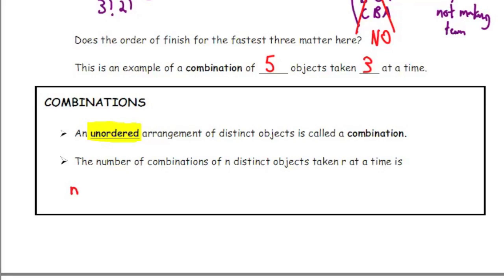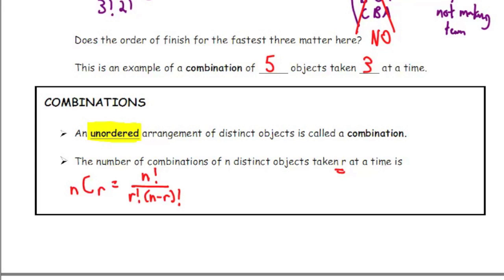We have an equation for this, and much like with our permutation notation, we have this idea of n C r, which is equal to n factorial over r factorial times n minus r factorial, where r in this case is just how many of a particular set we are trying to take.